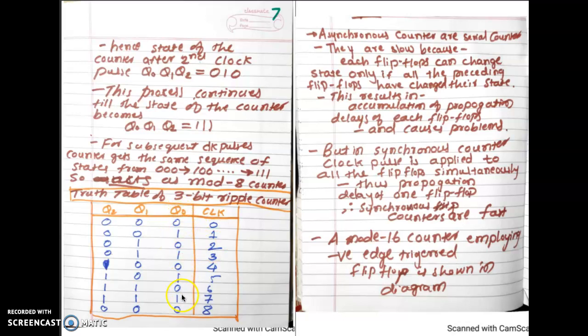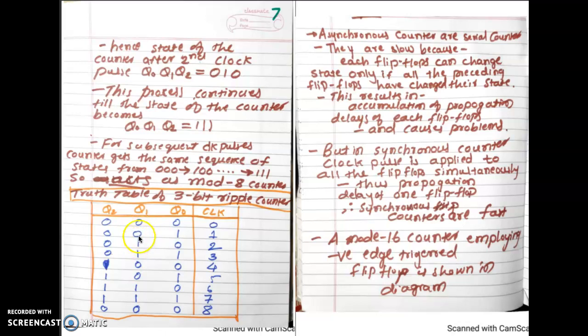Every clock pulse, it toggles. It toggles from 1 to 0. This is high to low, which is the clock of the next flip-flop. So during the negative edge, 1 to 0, Q1 changes. Earlier it was 0, and it becomes 1.